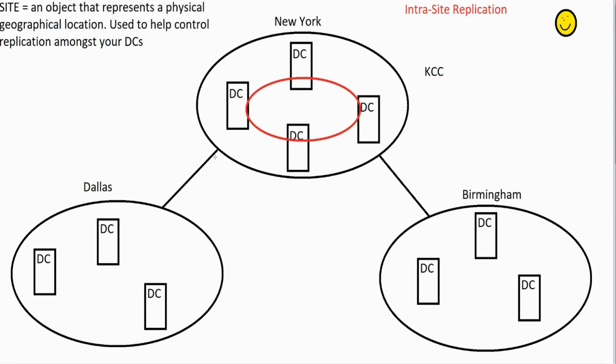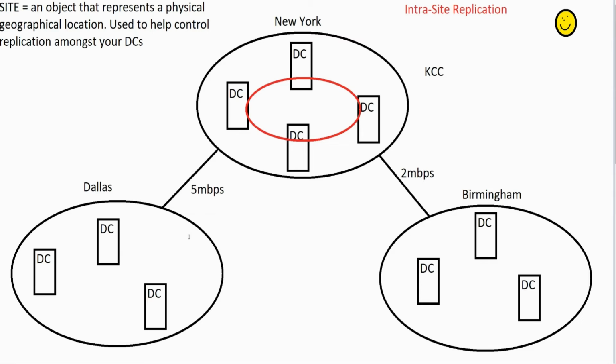But if you've got slow connections between your offices, like let's say that this connection here is, we'll say, a 5 Mbps connection, and maybe this is a 2 Mbps connection, then you may not want them replicating very, very quickly.